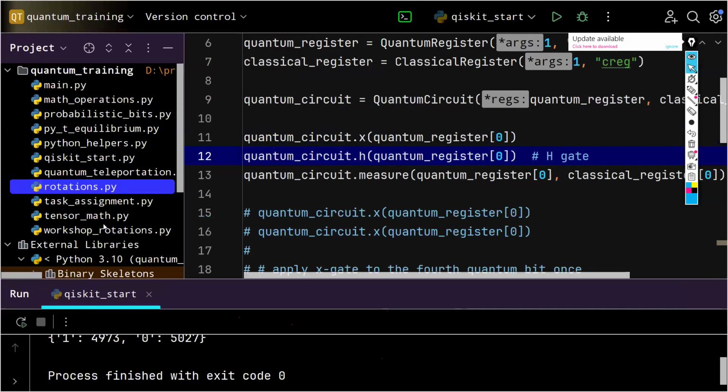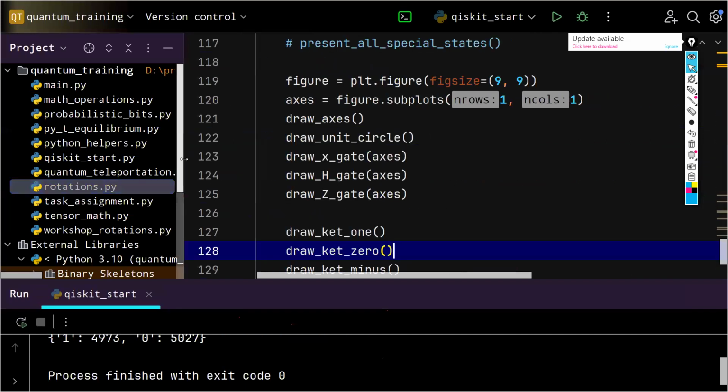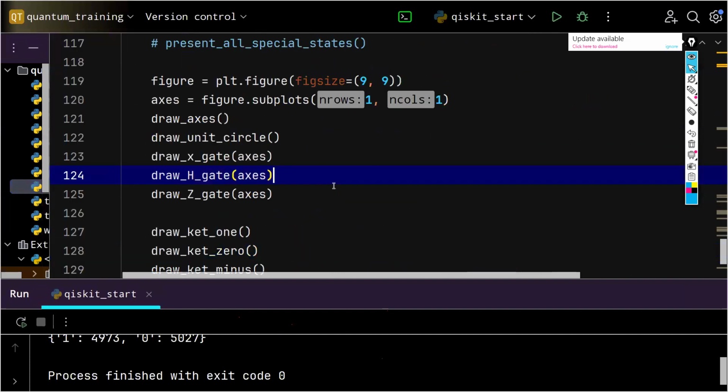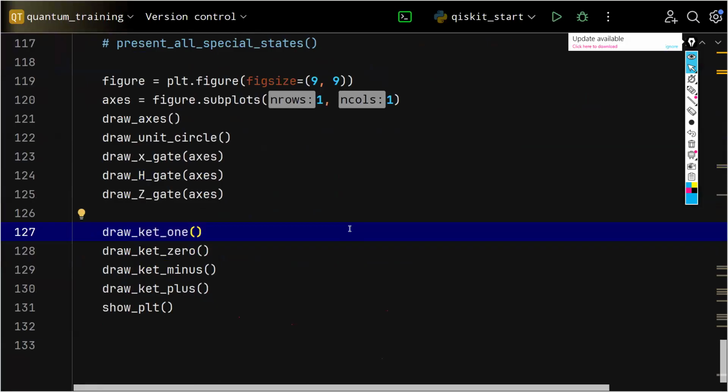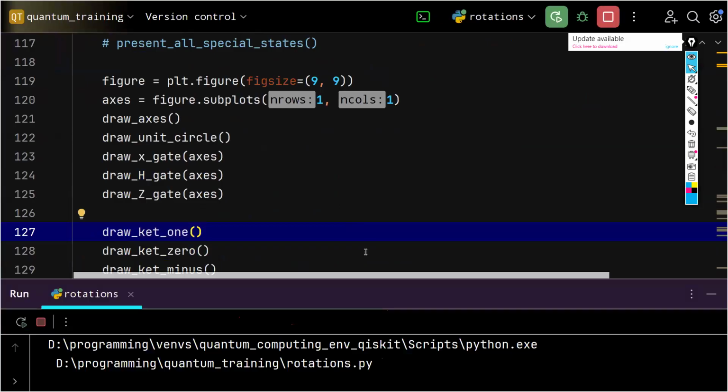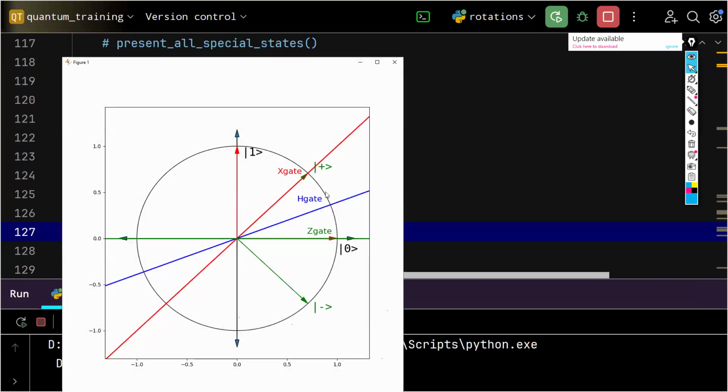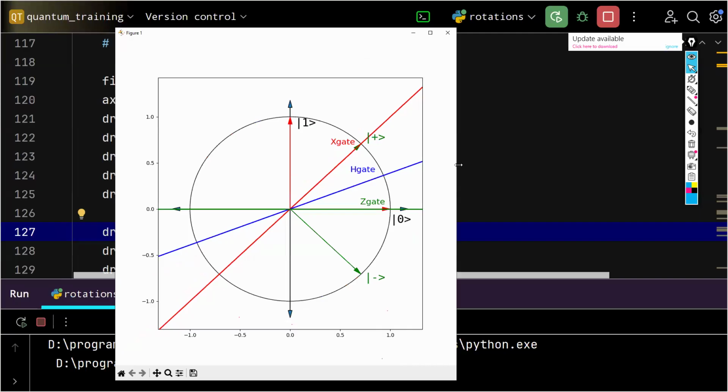I have slightly expanded on the drawing capabilities of this workshop myself. So if we can see here, it is also drawn in Matplotlib.